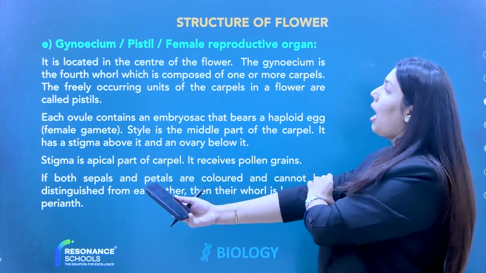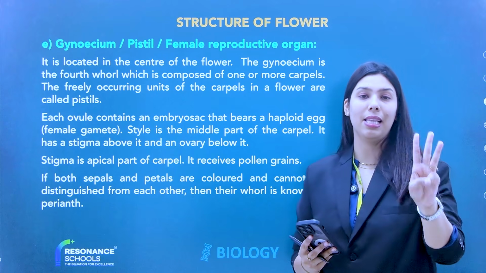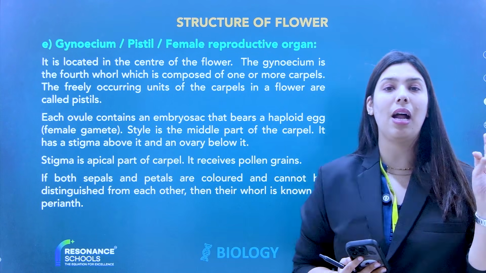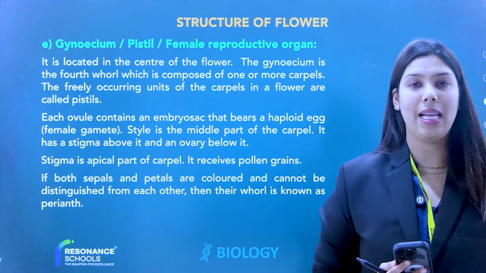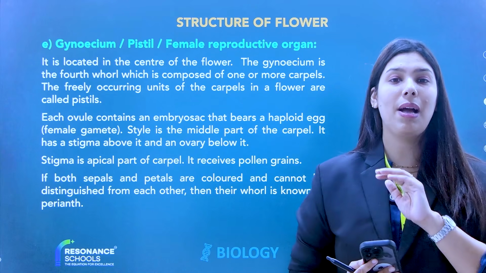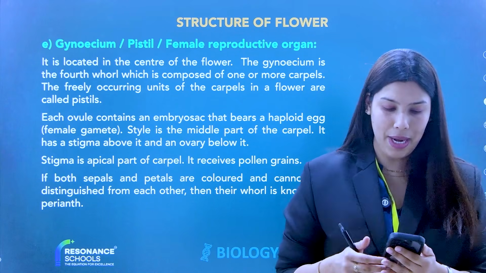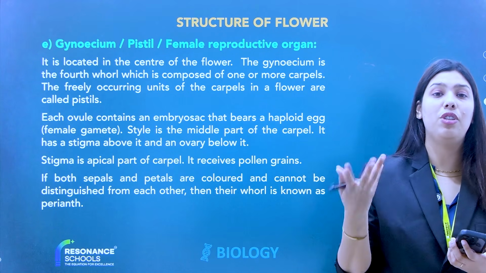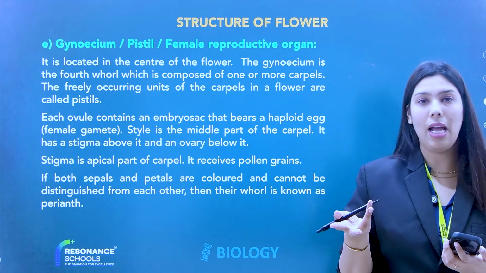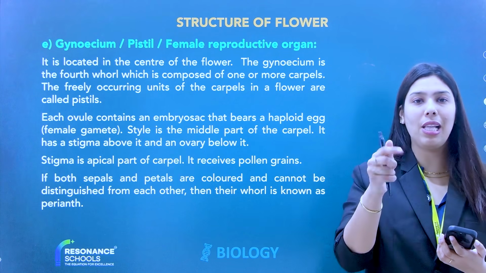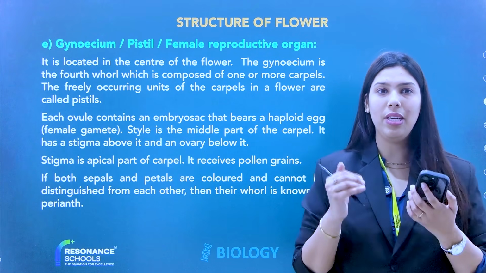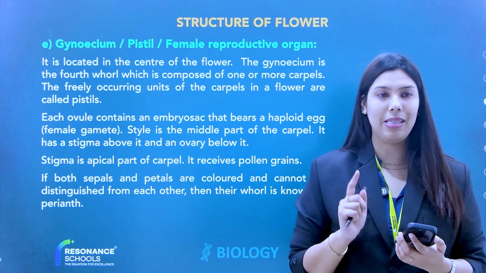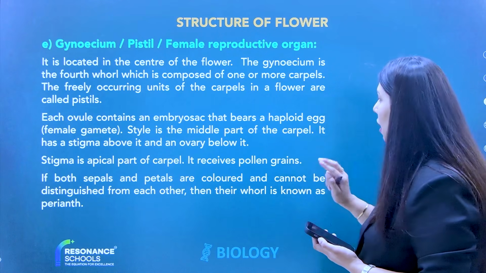We have studied that the gynoecium is the center part and has three major parts: stigma, style, and ovary. In the ovary, there is an ovule, which will eventually have the embryo sac. What is the embryo sac? I haven't discussed it yet, but I will discuss it soon, so you have to wait.